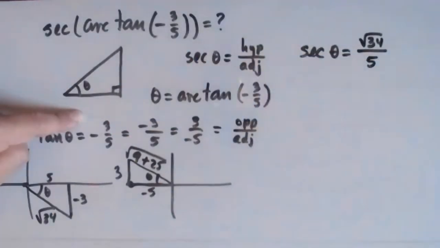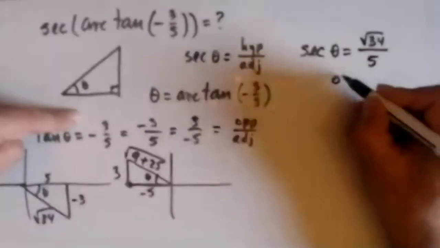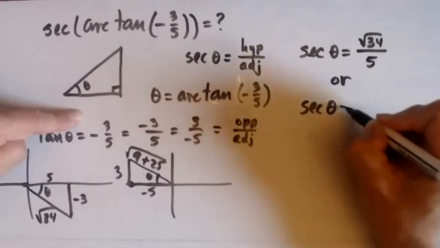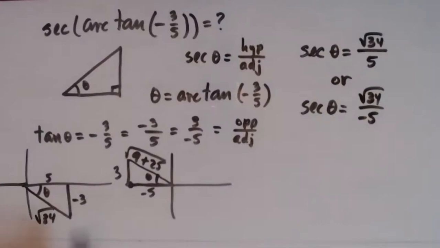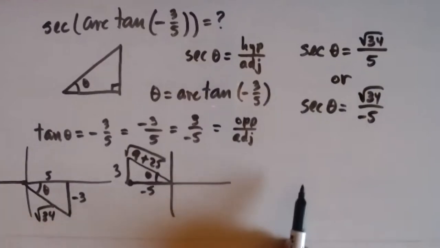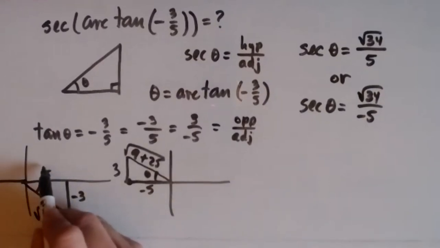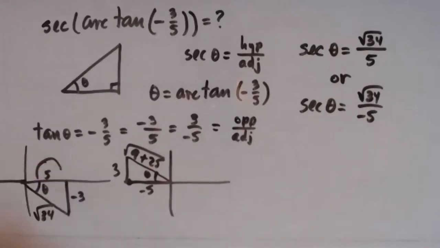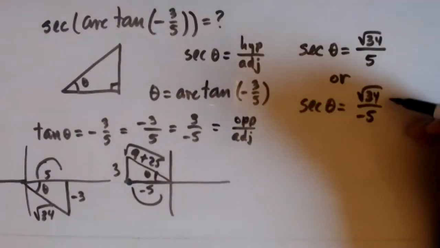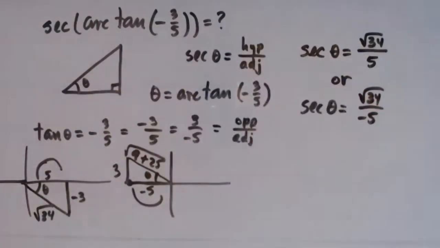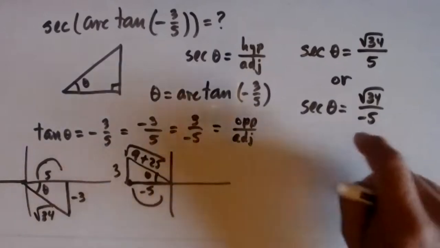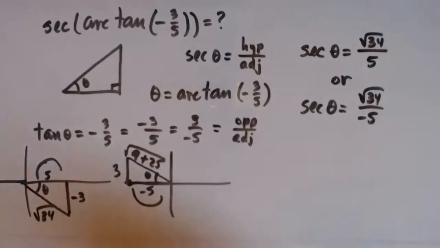So the secant of the angle is going to be the square root of 34 over the square root of 5, or the square root of 34 over negative 5. Remember, the adjacent could be 5 or -5. Because I don't know which one is which, I have to give two answers to this problem. In other problems we are going to decide this one, but not now.